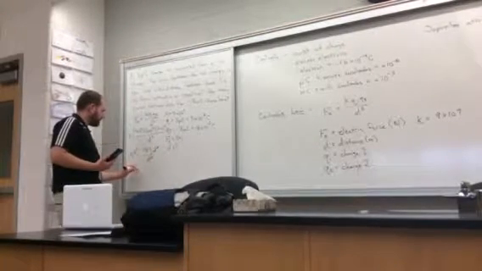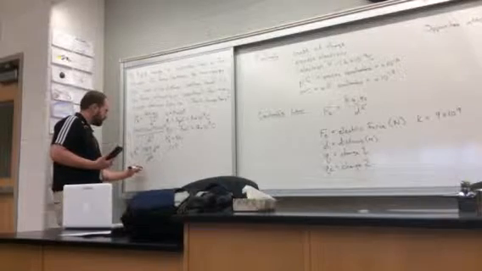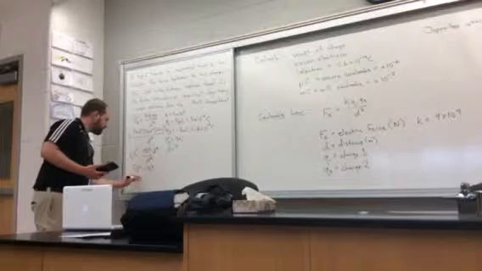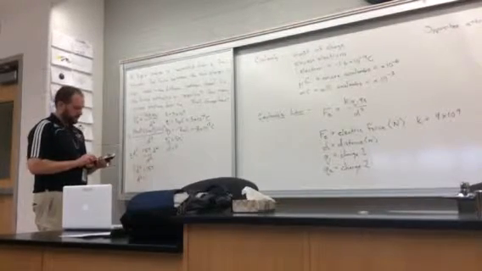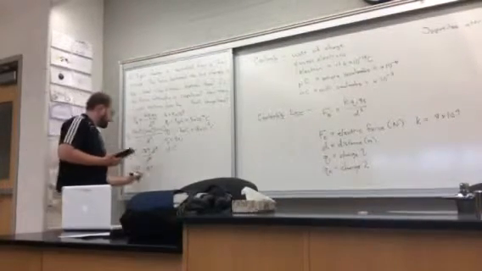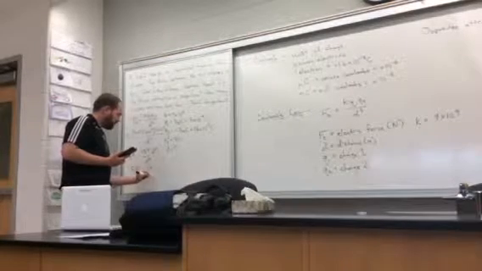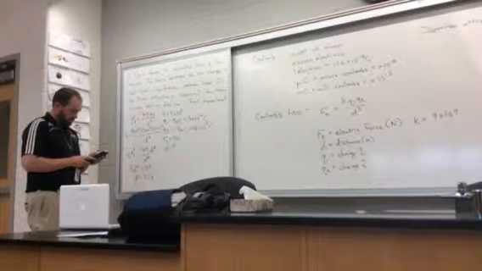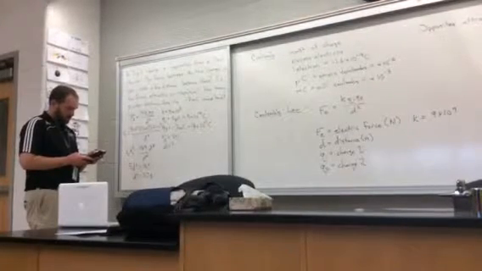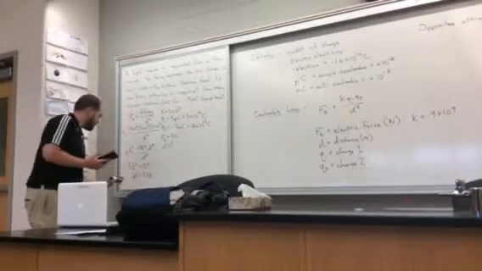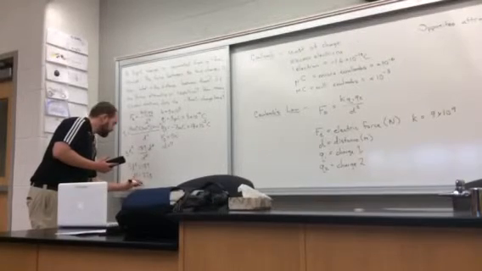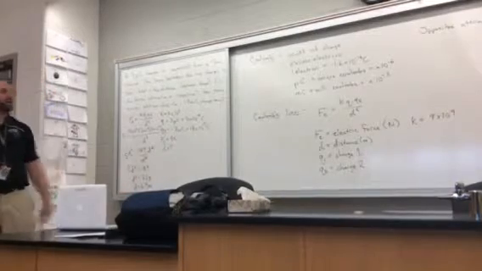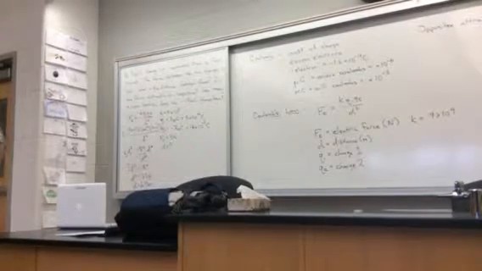And you get 5d squared equals 189. Divide each side by 5. D squared equals 189 divided by 5, 37.8. Then lastly, take the square root of each side. 6.15. So the distance is 6.15 meters. So there's the first time you've ever used Coulomb's law.